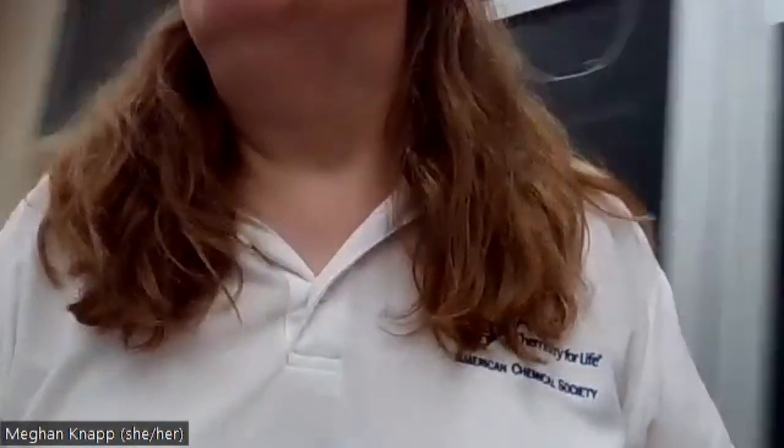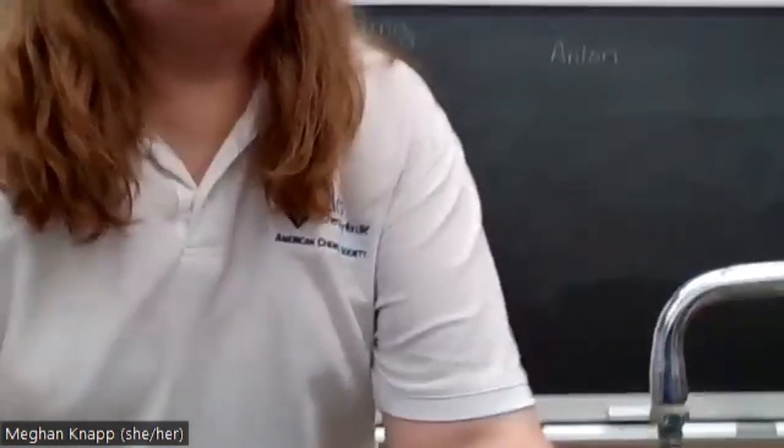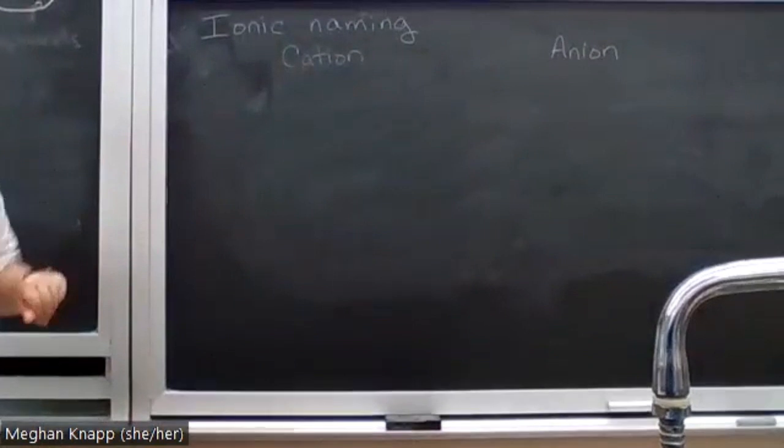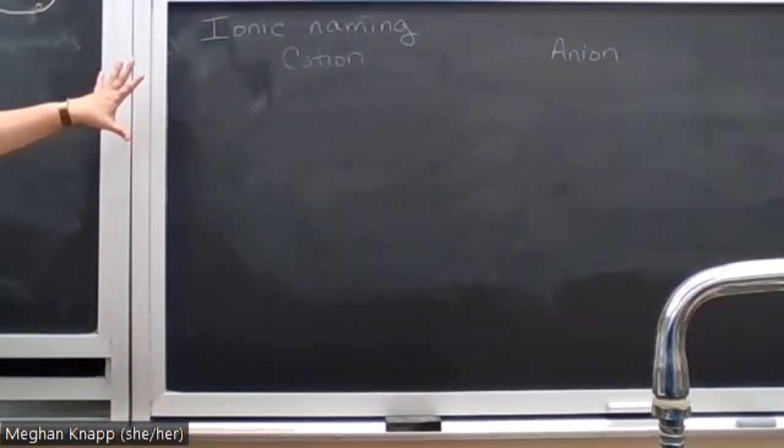The cation has what kind of a charge? Positive. Remember, the cat has paws. It is positive. So our cation is the positive one. This is the one that is likely a metal.